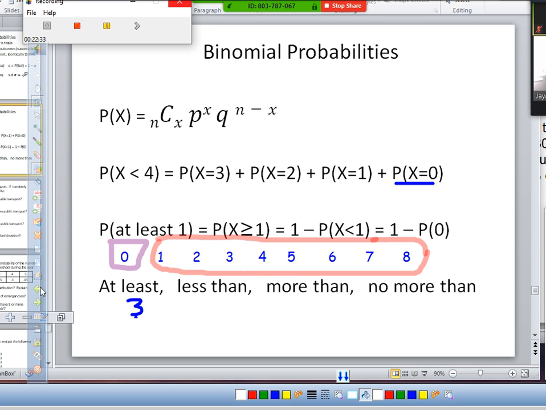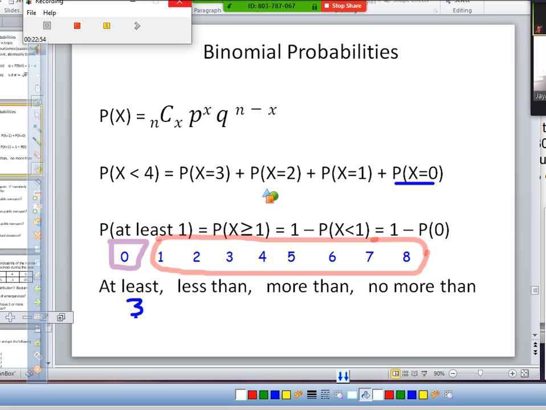Professor, for the probability of at least 1, that only applies to 1, when it's 1 minus the probability of 0? So when do we apply the 1 minus the probability of 0? When it's at least 1. Okay, so just for 1.